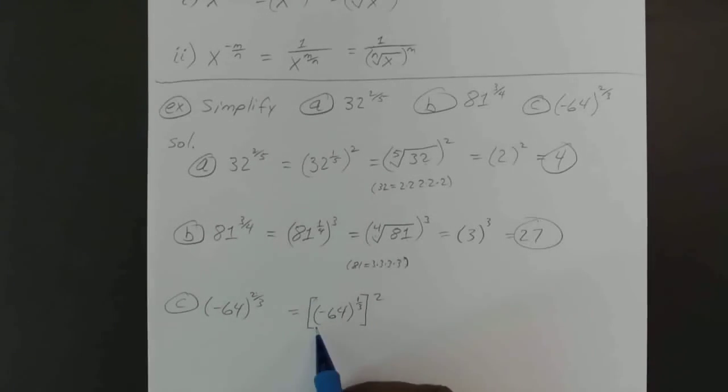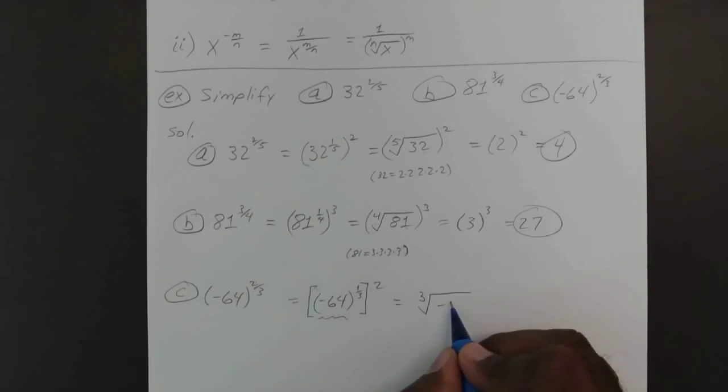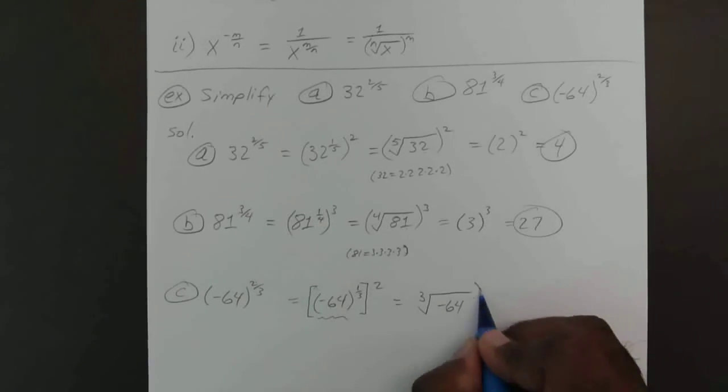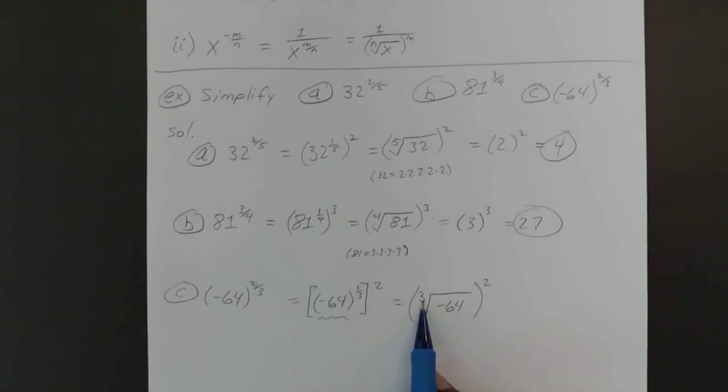Okay, so in here, remember that's just the cube root of negative 64. Which is perfectly okay as long as that index is odd. That can be negative as long as you have a 3, 5, 7, and so forth.